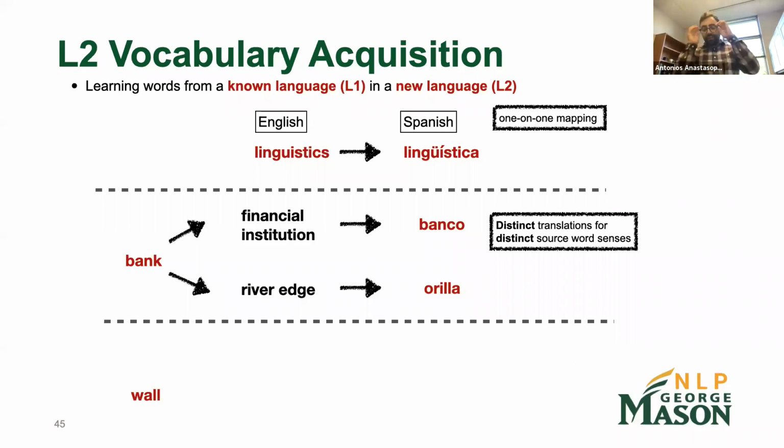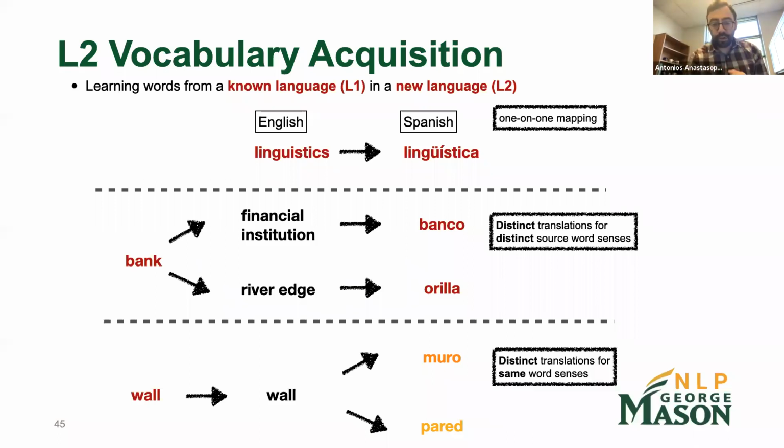There are words like wall, where inherently there are no different senses that you can map them to. But when you look at Spanish, this could be translated as muro or as pared. So now we have distinct translations for what seems to be the same word sense in English, okay?